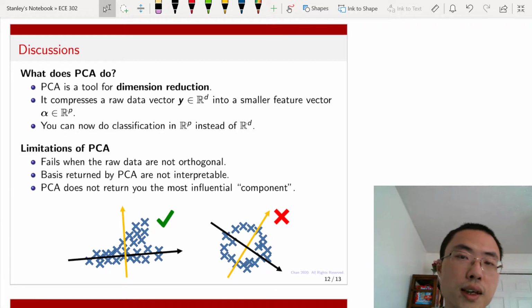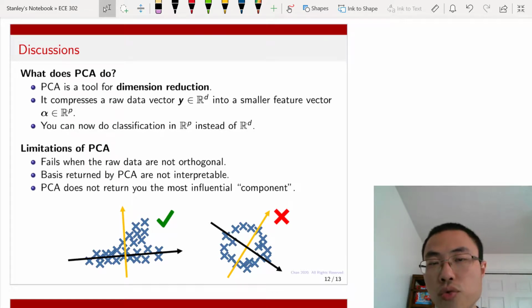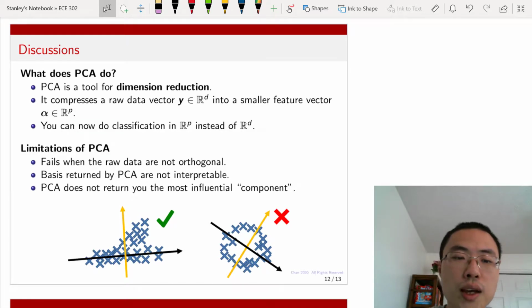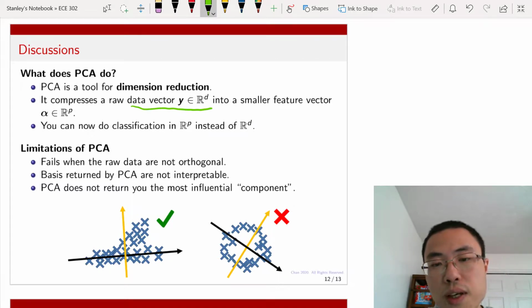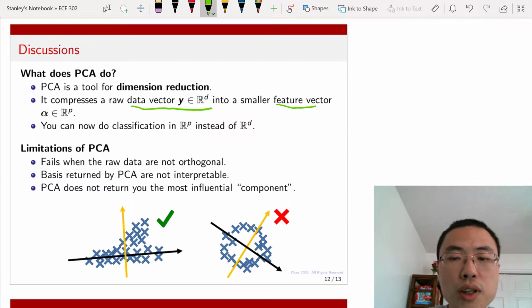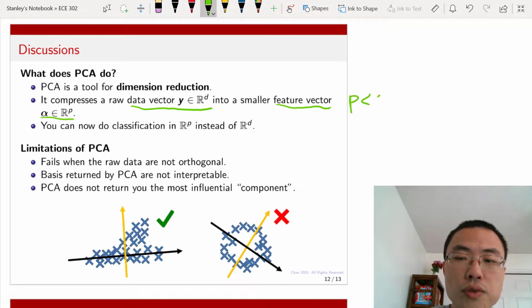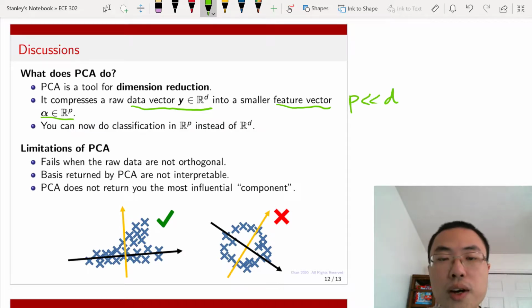Remember, PCA is a dimension reduction tool that can turn a raw data vector in d-dimensional space into a much smaller feature vector alpha in R^p. P is of course much smaller than d, for otherwise you're not achieving this dimension reduction.